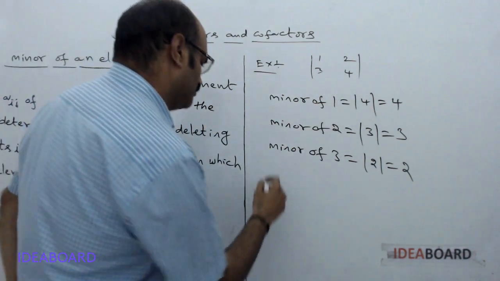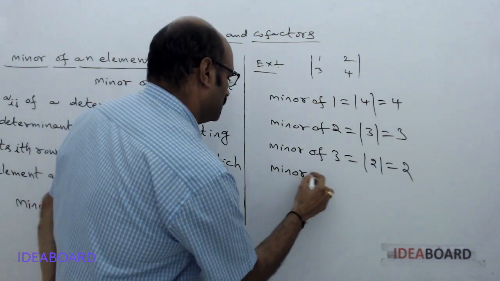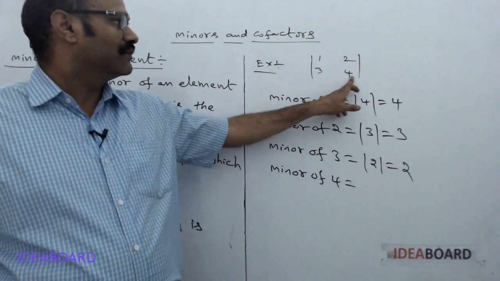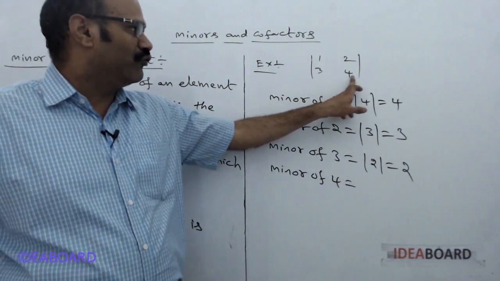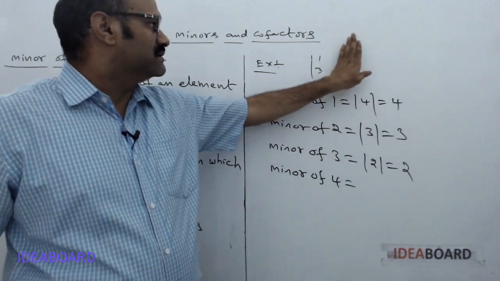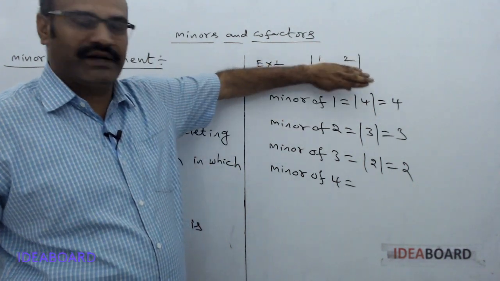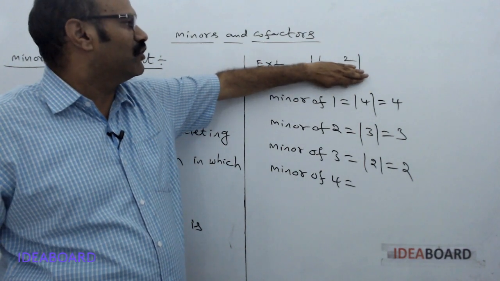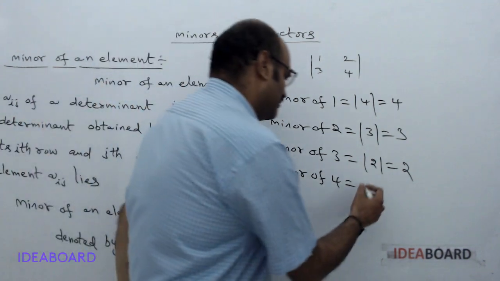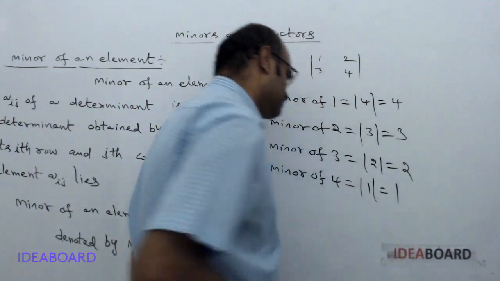Now minor of 4: the element 4 lies in second row and second column. Remove second row and second column. We will have only one element, which you write in a determinant, equal to 1.